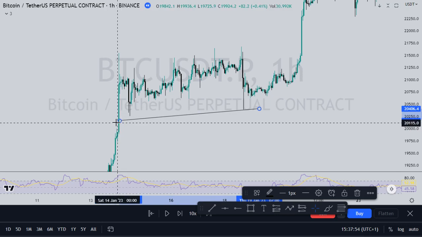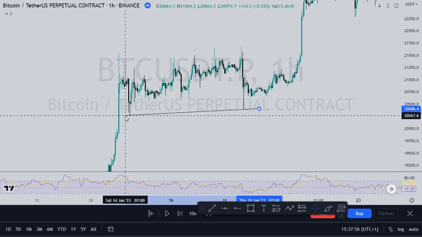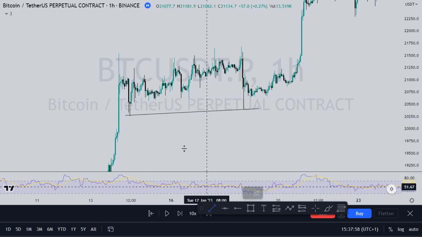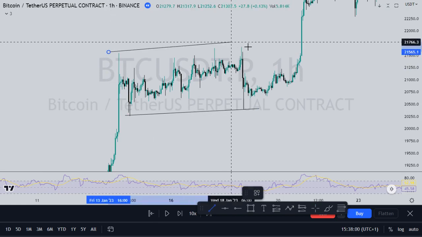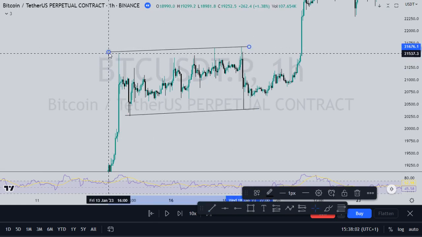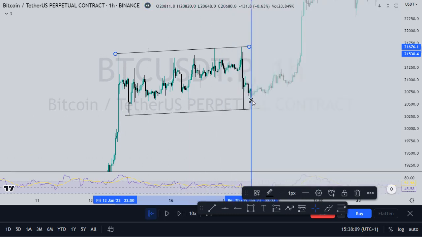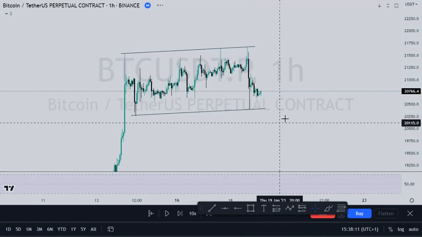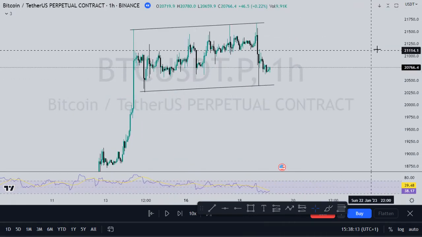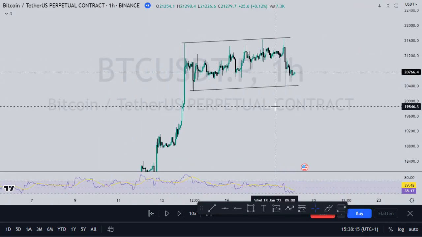For example, if we had marked this place out as our channel when price was here, you can see we are dealing with something that looks like a flag, right? So if we had this right here when price was trending, you can see that this is simply a channel. Price is ranging and it is a channel.